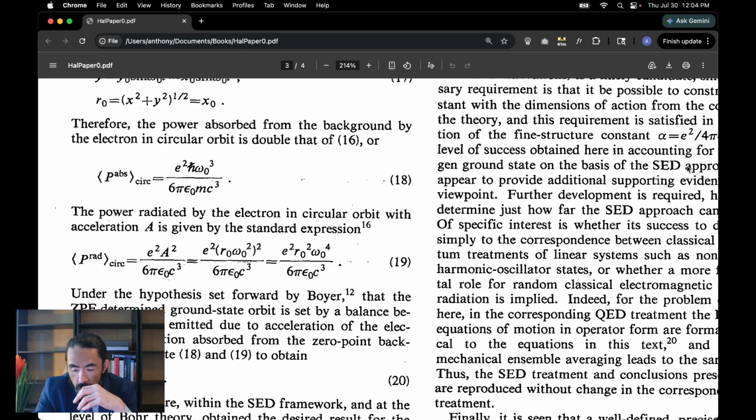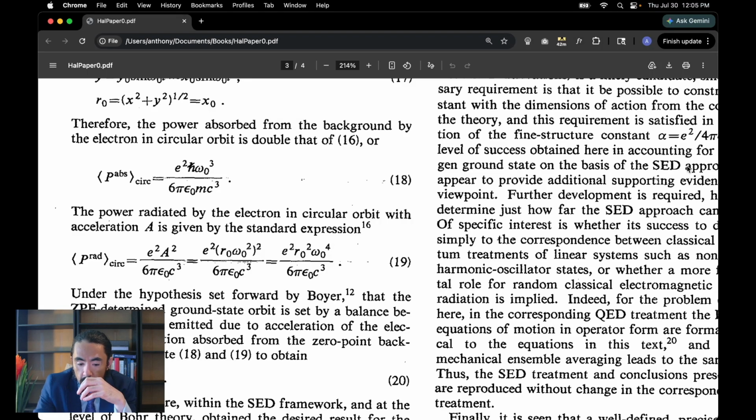That's the first part of the last step. The second part is that the power radiated by the electron in circular orbit with acceleration A is given by the standard expression: the expectation value of radiated power P for a circular orbit is equal to e² A² over 6π ε₀ c³. This is equal to e² (r₀ω₀²)² over 6π ε₀ c³.